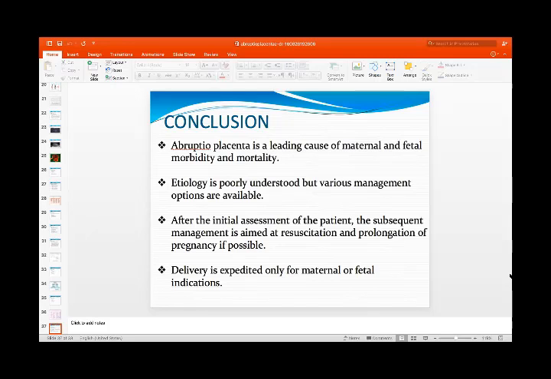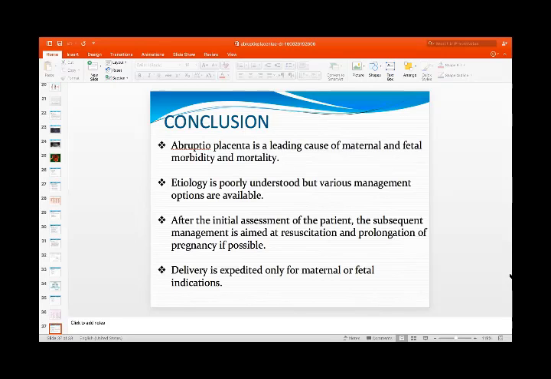Etiology is poorly understood. There are certain risk factors associated with abruption, and various management options are available. Either we can manage conservatively, or there is aggressive management, or we can induce labor.